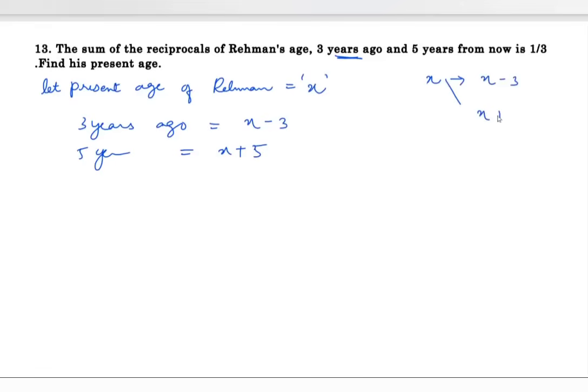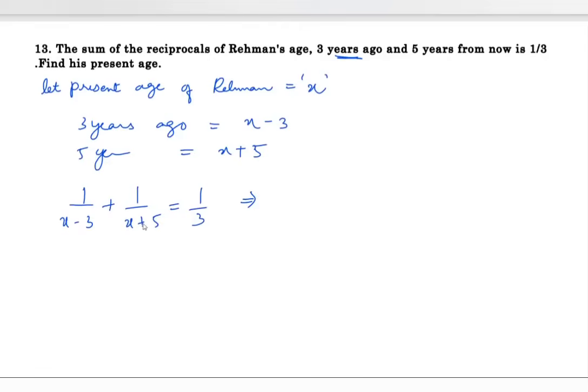After 5 years his age will be x plus 5. Now the reciprocal of his age 3 years ago, that means 1 by x minus 3, plus 1 by x plus 5 is 1 by 3.